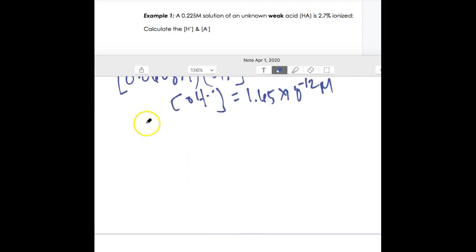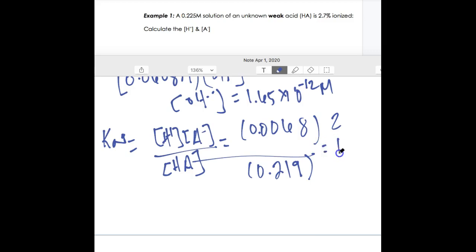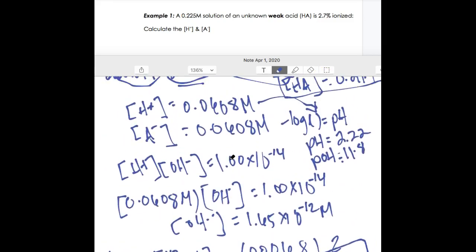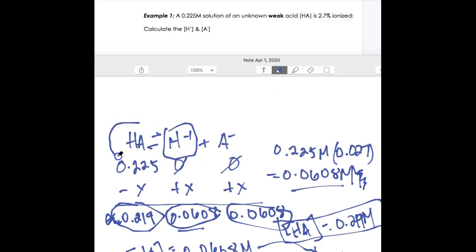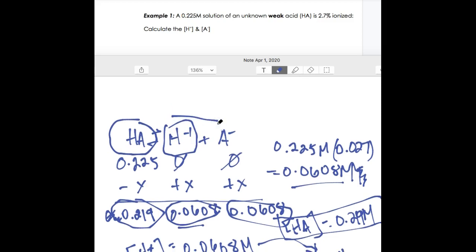So I'm going to write it down for you, and that's going to give us 1.68 times 10 to the negative 4. And it makes sense that it's smaller than 1 because weak acids partially dissolve, so it's going to remain mostly in its molecular form, and very little will be found in its ionized form.